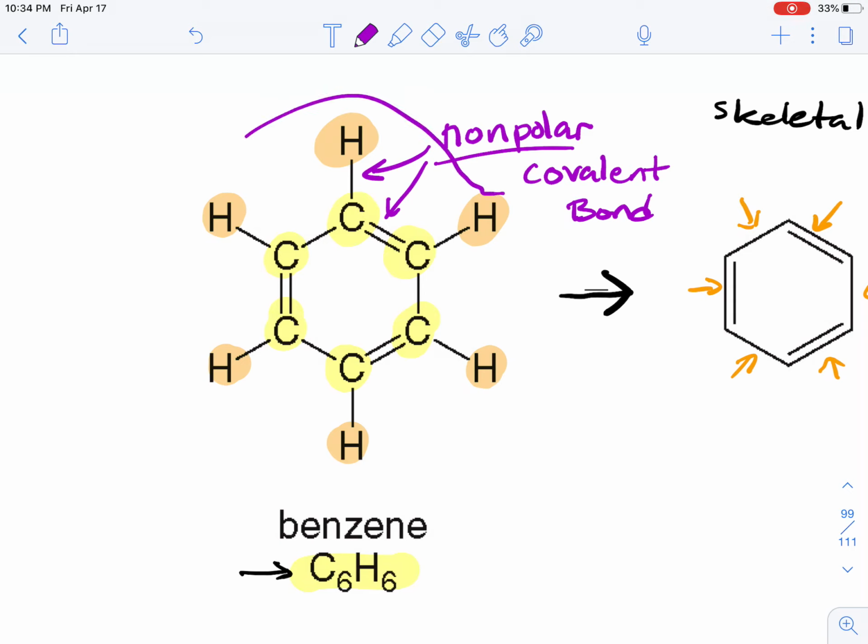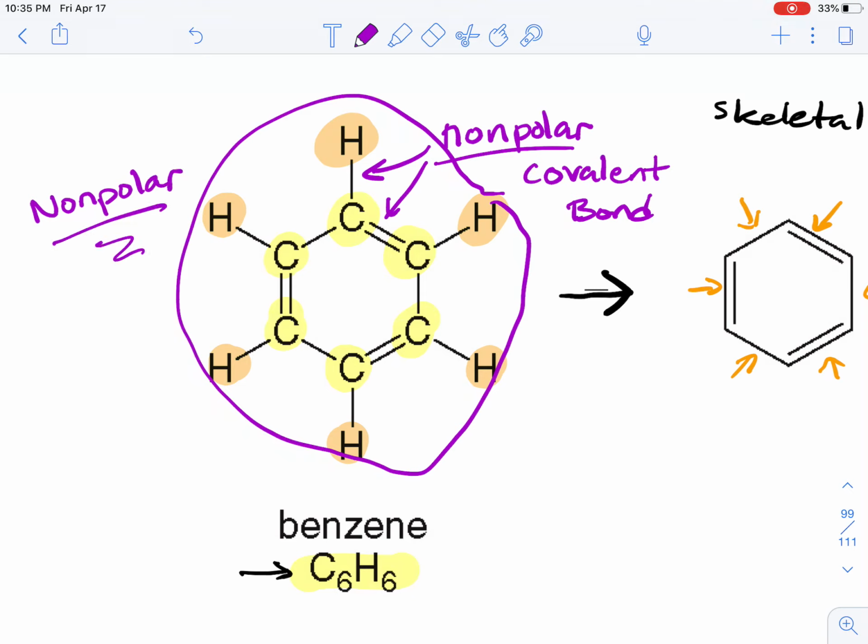Now, if you are looking at the entire molecule as a whole, a benzene ring is primarily composed of carbons and hydrogens. And so this molecule, very similar to alkenes, alkynes, and alkanes, without the halide substituents and all of that stuff, these are non-polar compounds.